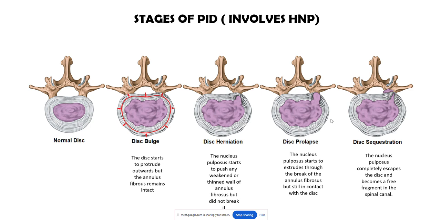So these are the stages of HNP, which involve the herniation of the nucleus pulposus. This one is the normal disc. The nucleus pulposus is in the center of the vertebral disc, surrounded by the annulus fibrosus.